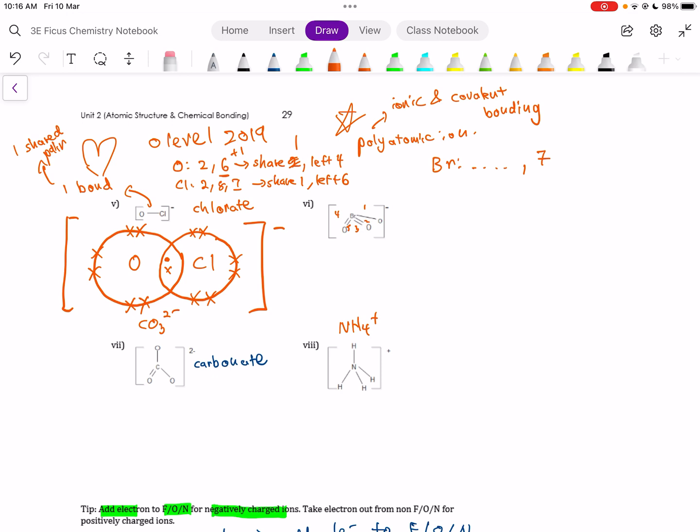Then for this oxygen, it's -1, so you have to add 1 electron to this oxygen. You notice? This oxygen is a single bond oxygen, which means it has 7 electrons, just like the previous one. So this bromine is surrounded by 3 oxygen.